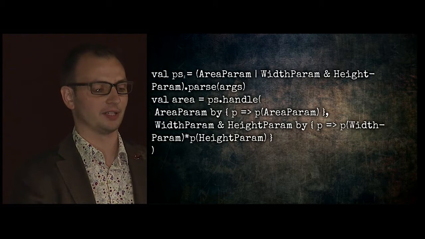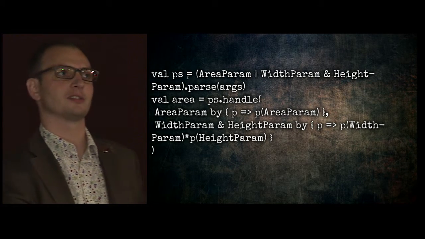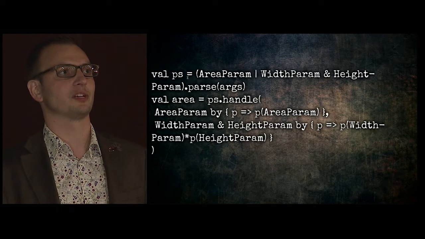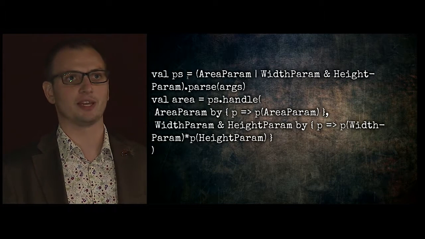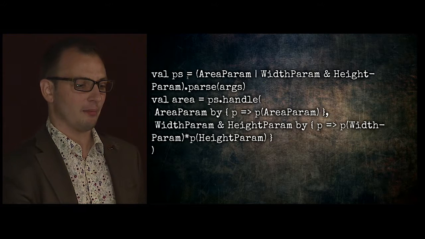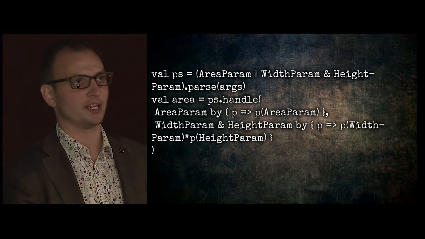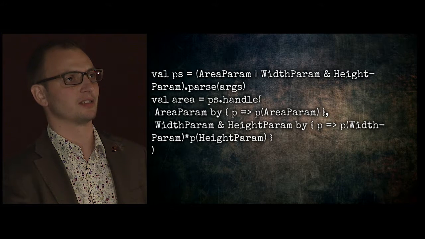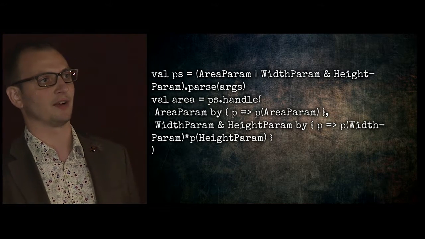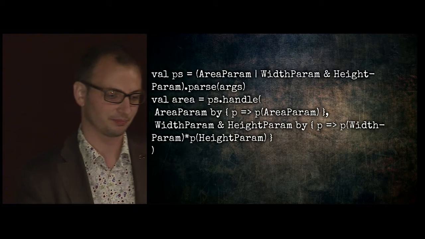So given that it's a co-product, can we do something with that? Can we safely make use of that co-product, avoiding any possible failures that may result from accessing those values or checking they exist?